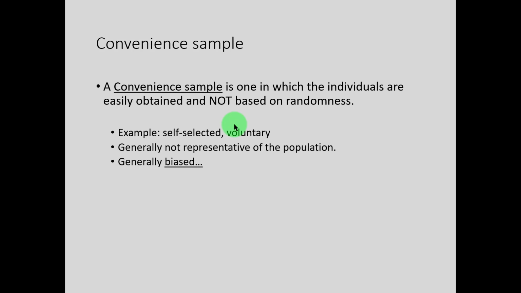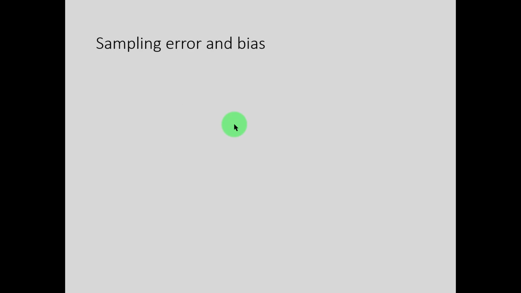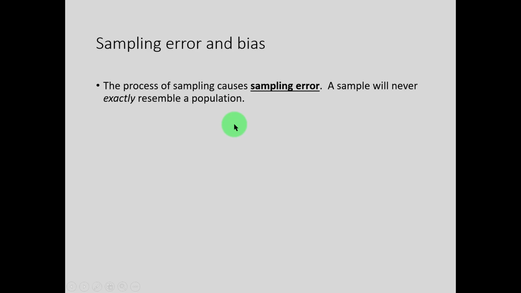We're going to talk a little bit about bias and sampling error now. The concept of sampling error is always present due to the process of sampling, right? A sample is collected, hopefully through random sampling, to learn about the population. But a sample will never exactly resemble that population.